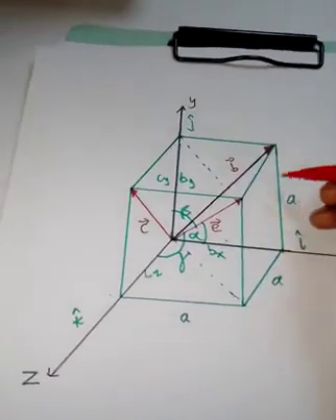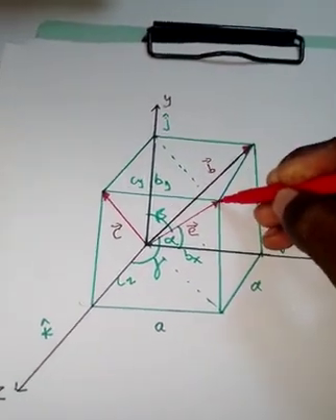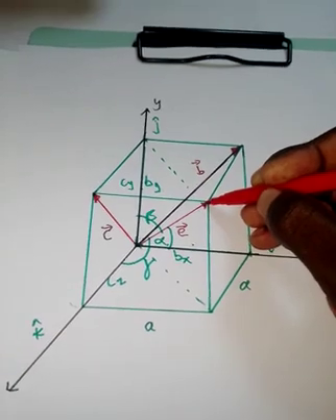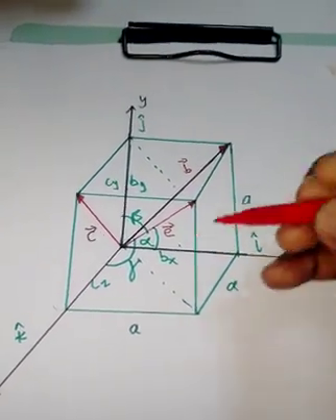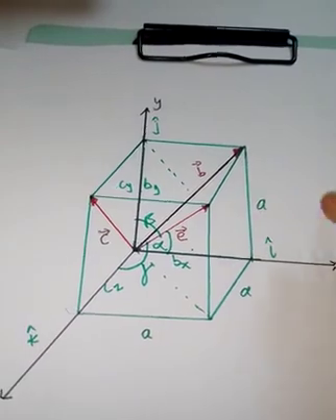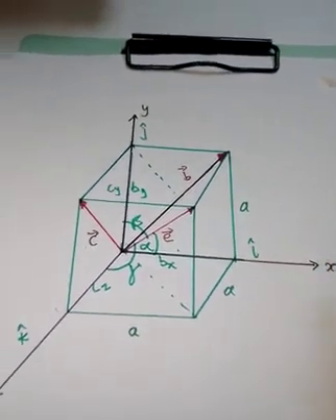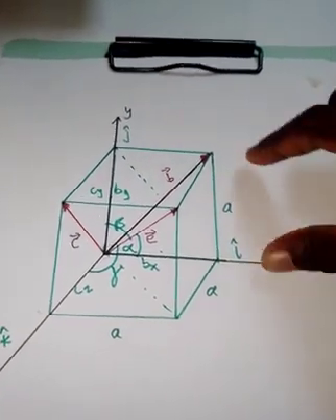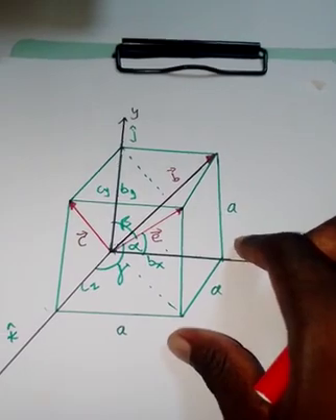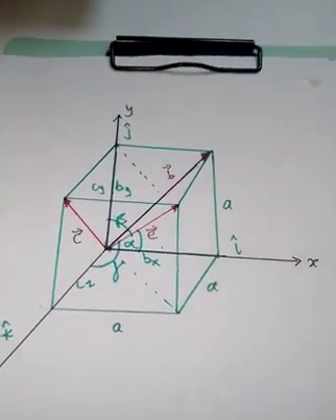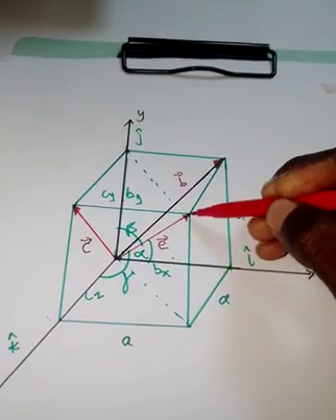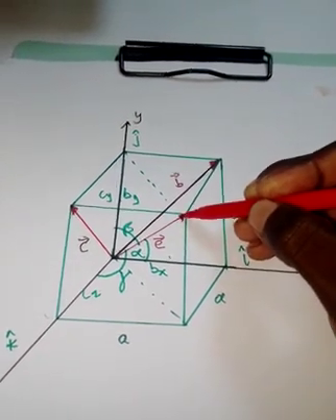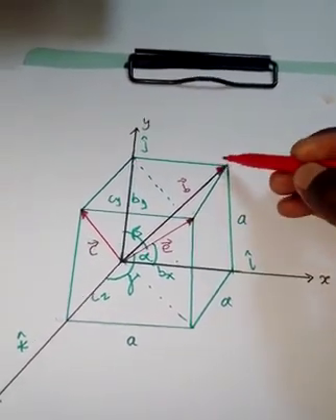At this point, let's get these as the components. For simplicity, we know that all the sides are the same. It will mean that from this point to the x-axis, it is a, right? Yeah.